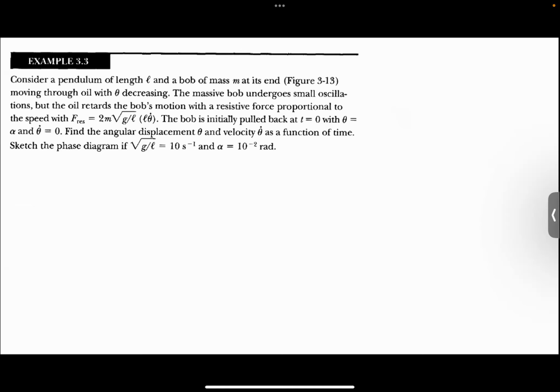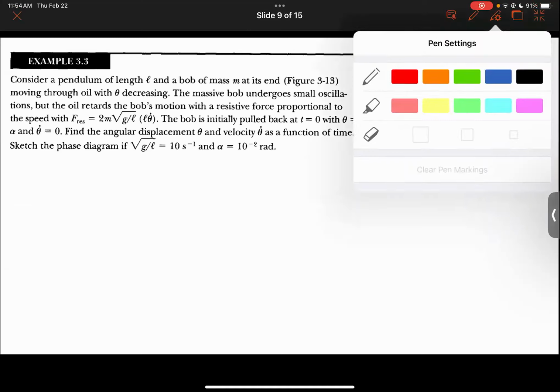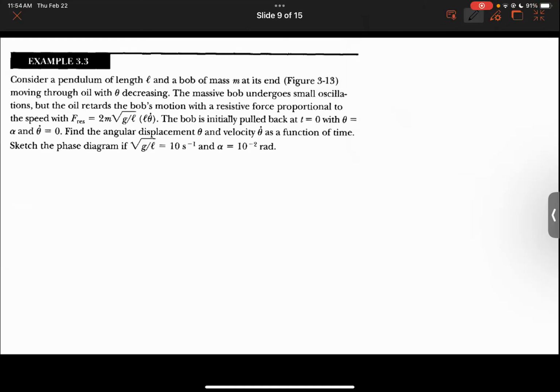Okay, so in this case, since ito ay oscillatory motion, since ito ay pendulum, we write the differential equation in this way: ml theta double dot is equal to minus mg sine theta.